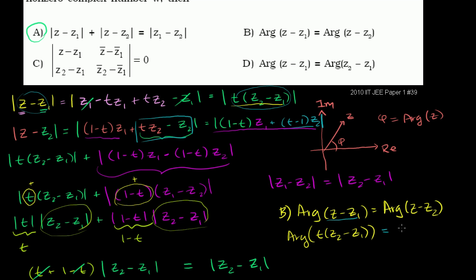Statement B is just saying that this should be equal to the argument of, now what's z minus z2? Z minus z2, we figured out was this thing right over here.